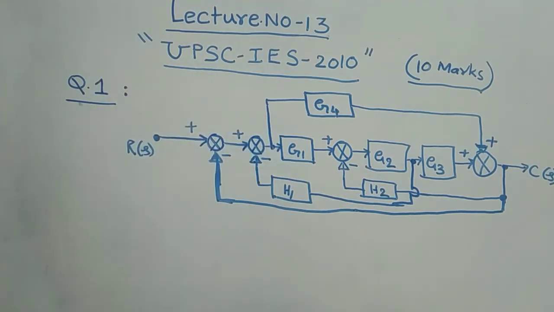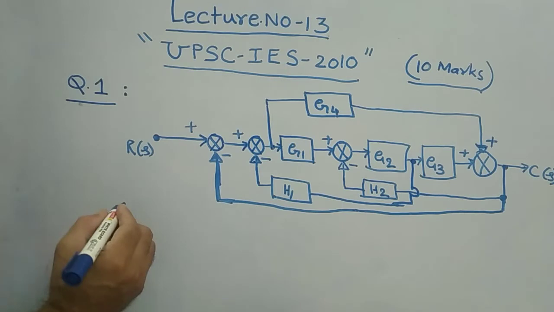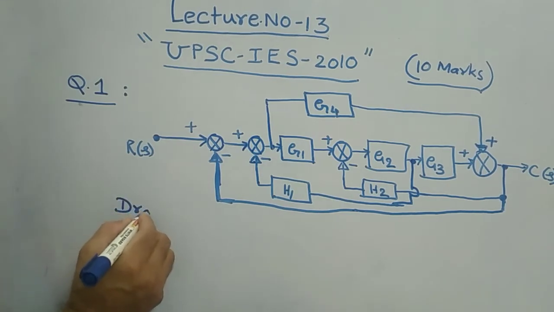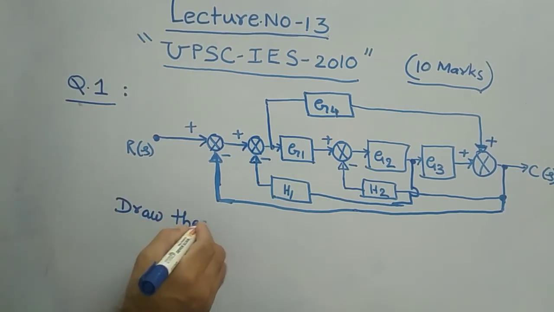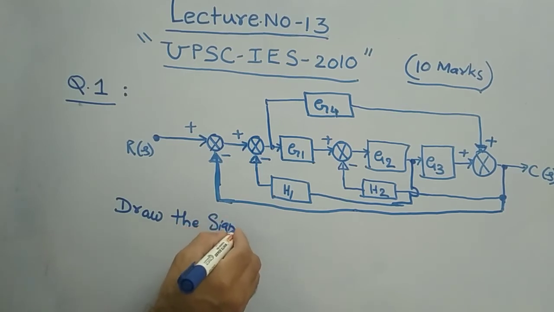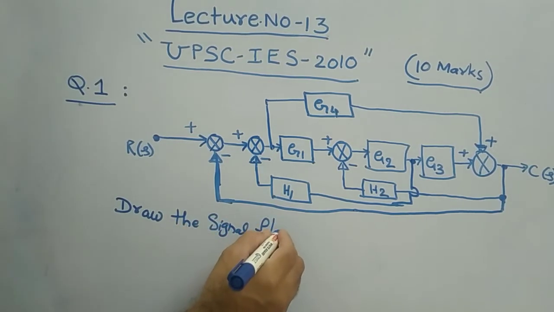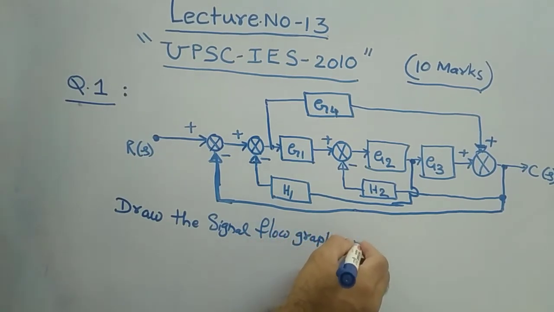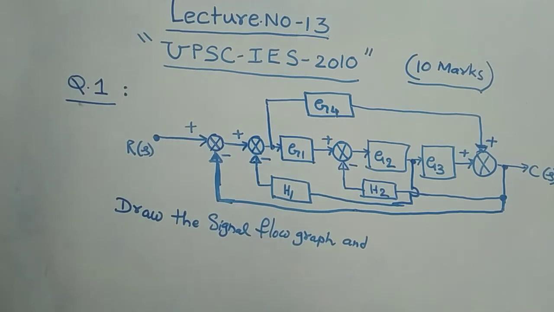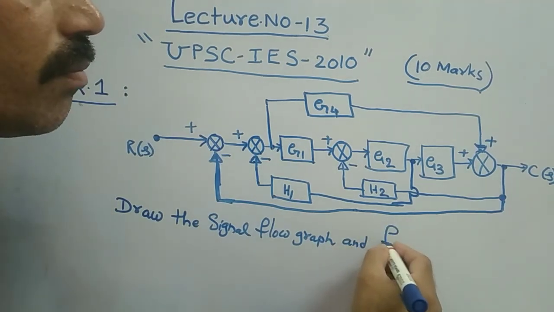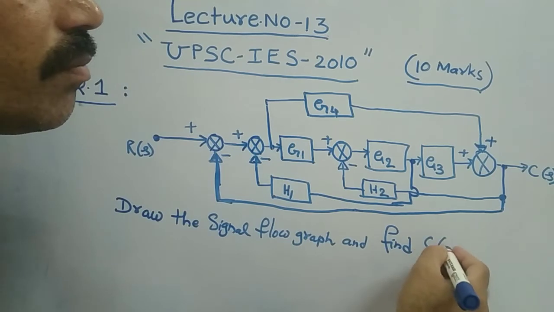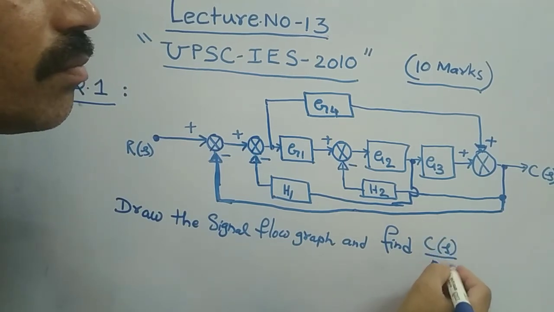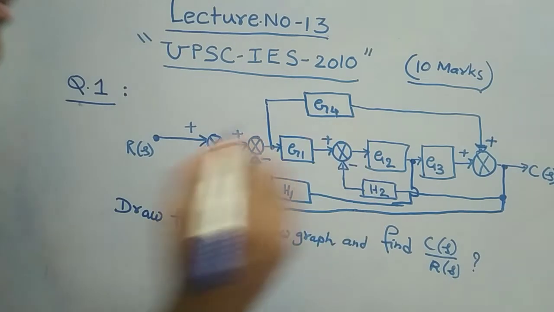Okay, so now this is the given block diagram. For this you are asked: draw the signal flow graph and find C of S by R of S. That is your question.